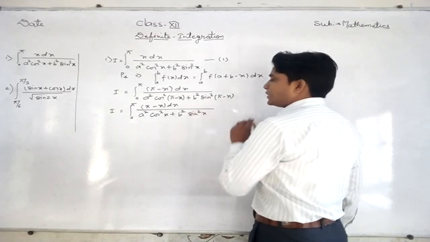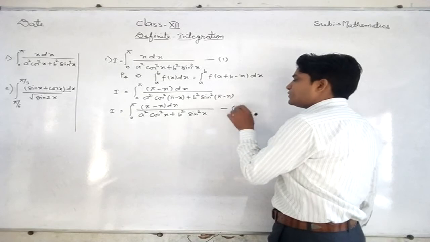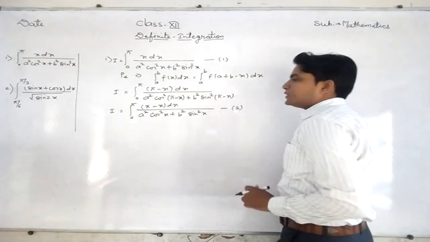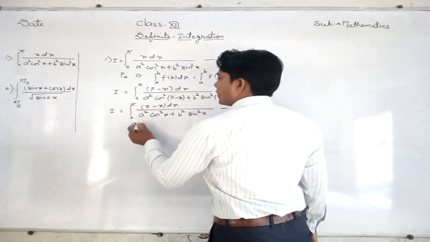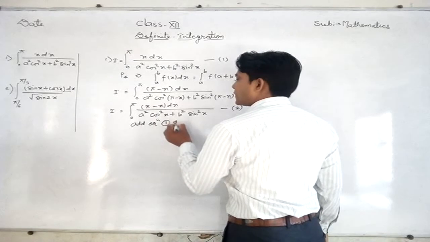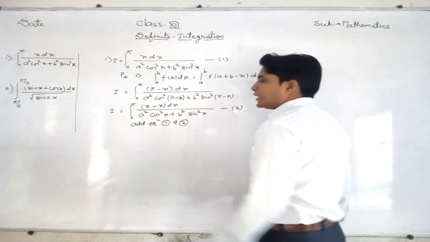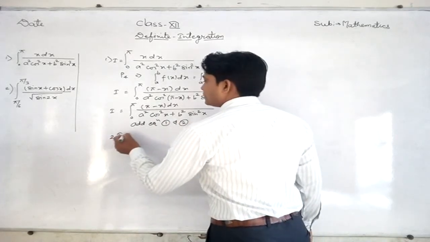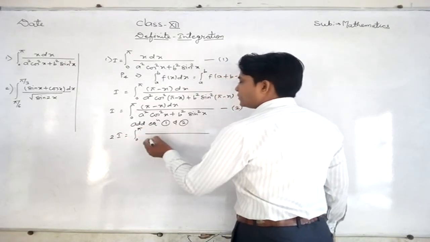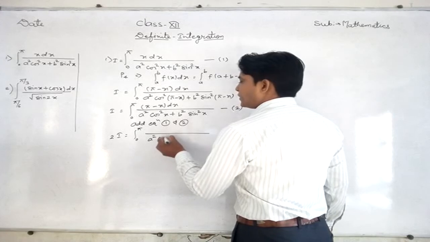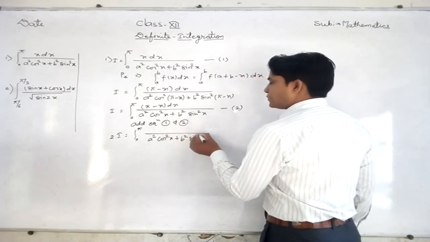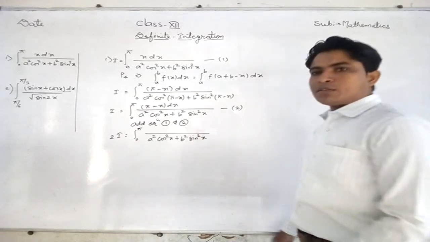If we add equation 1 and equation 2, we get 2I equal to the integral from 0 to pi, because the denominator is the same, a square cos square x plus b square sin square x, so x plus pi minus x into dx.